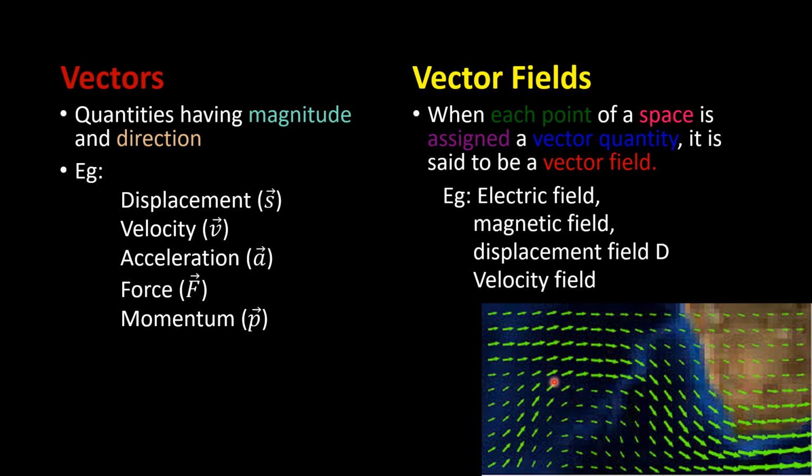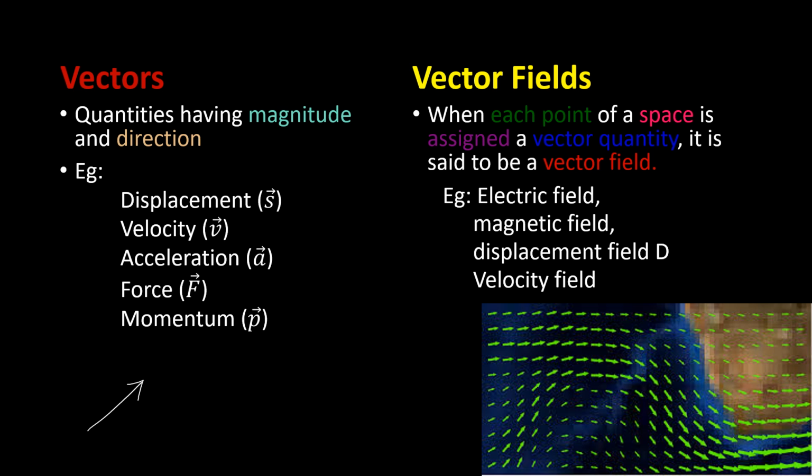This is an example of a representation of a vector field. So you can see the magnitude of the vector is represented by the length of an arrow, and the direction of that particular vector is represented by the direction of that arrow. So we can actually use an arrow to represent a vector.